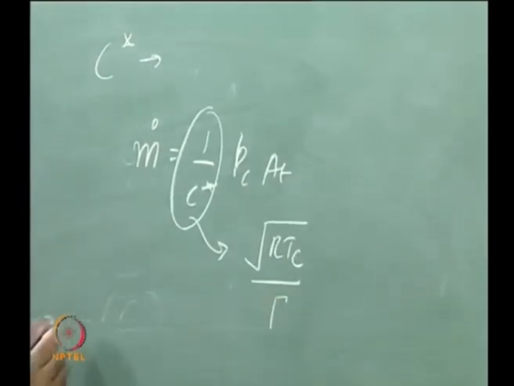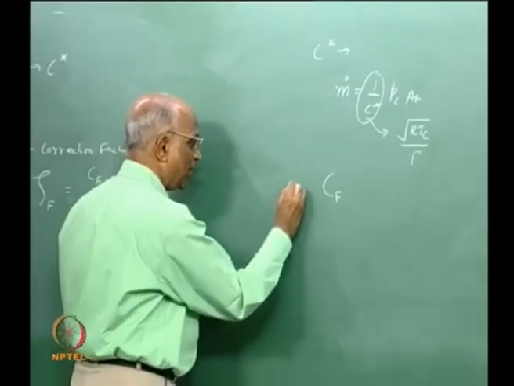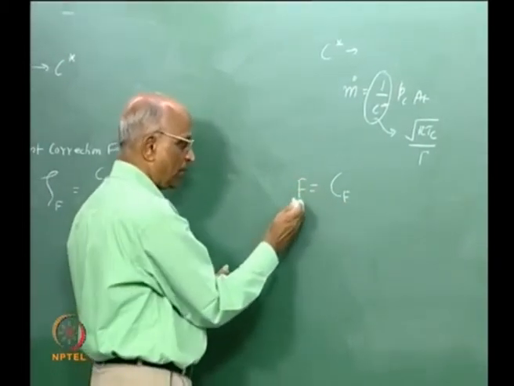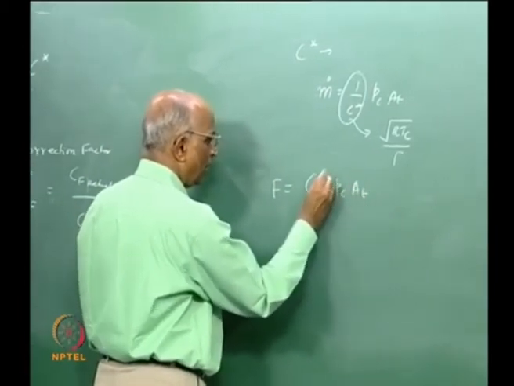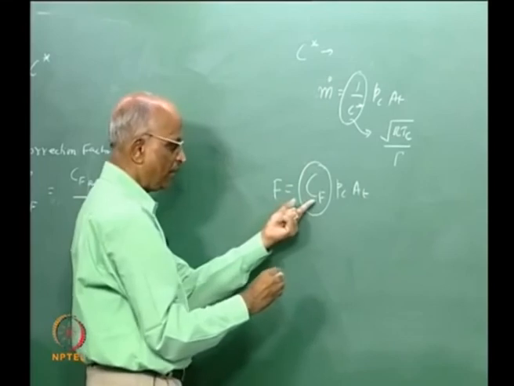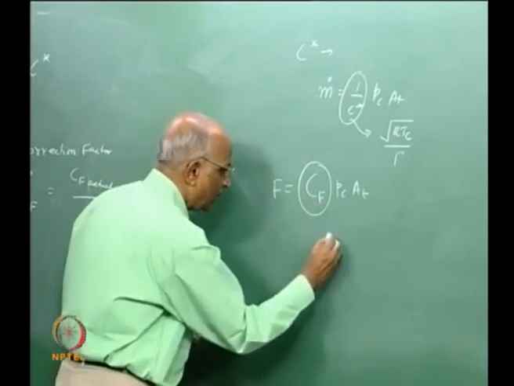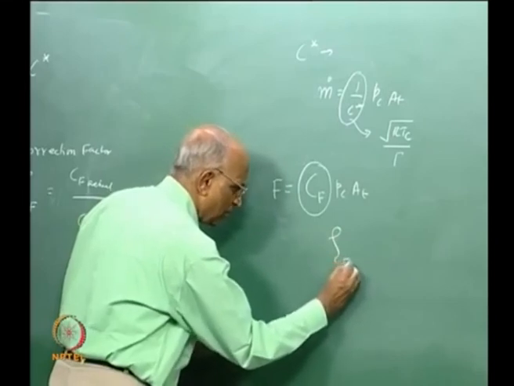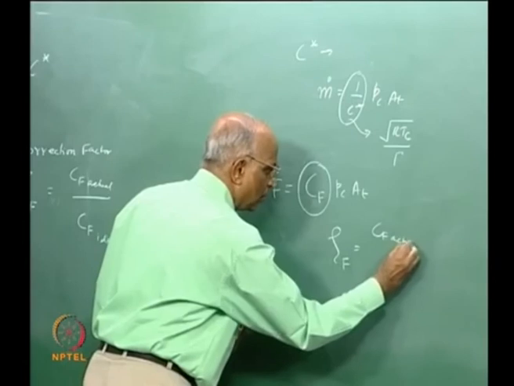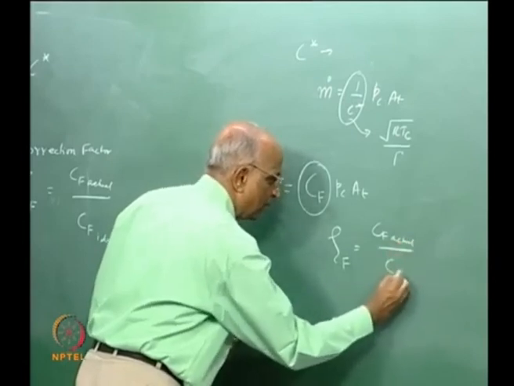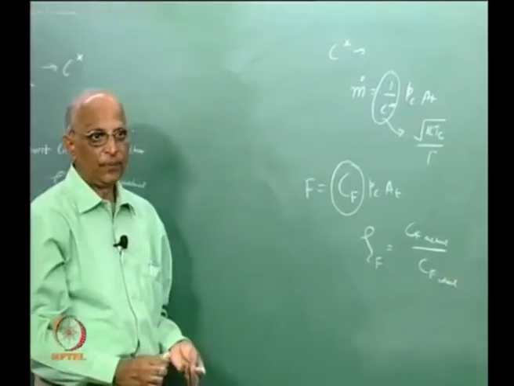We also talked in terms of the thrust coefficient, which is used to describe the thrust developed by a rocket. F is equal to Cf Pc At, and we found out the expression for Cf and also how Cf varies, and we talked in terms of a thrust correction factor, which is equal to Cf actual by Cf calculated based on ideal one dimensional theory.